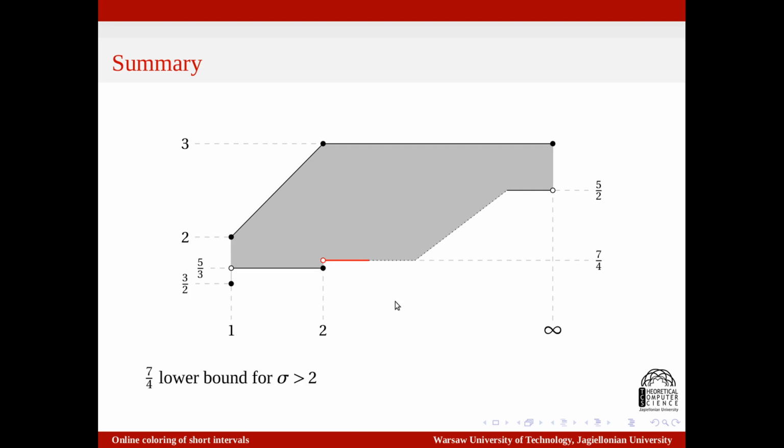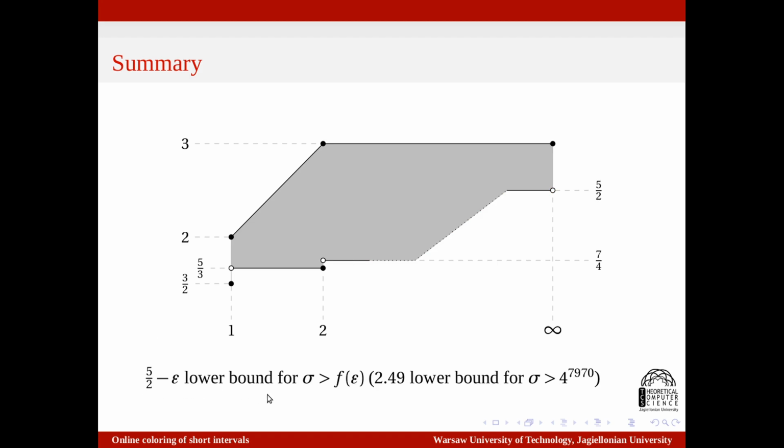And the third interesting lower bound that we give is a series of lower bounds. For larger and larger sigmas, we get larger and larger lower bounds, and those lower bounds converge to the value 2.5, and we can get as close to this value 2.5 as we want.